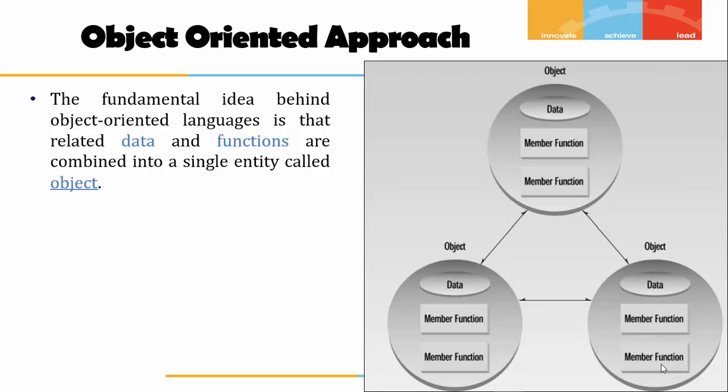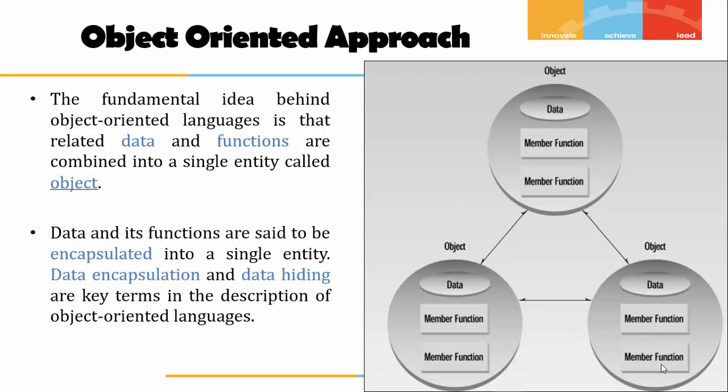The data is hidden and safe from accidental alteration. That is how we say that data and its functions are encapsulated into a single entity. Data encapsulation and data hiding are the key terms in the description of object-oriented languages.